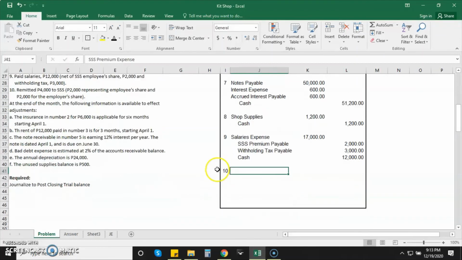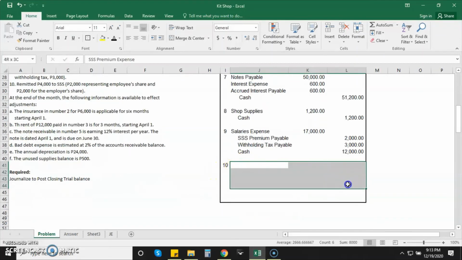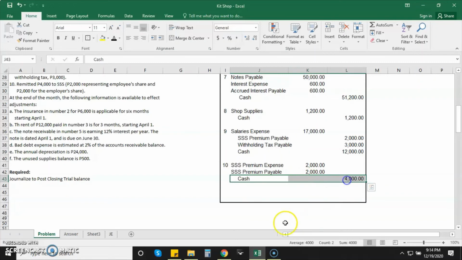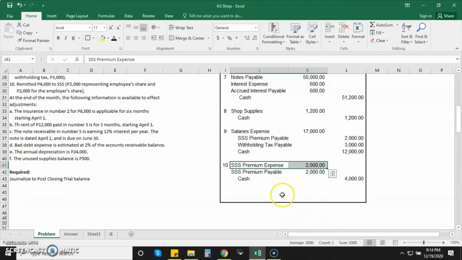For number 10, in this case, you already paid what you have collected from the employees. Okay, so ngayon, yung SSS premium payable natin ay i-debit, ang cash ngayon natin is 4,000. Okay, so ang SSS premium expense is, ito yung binabayaran ng company on your, sa inyong account.